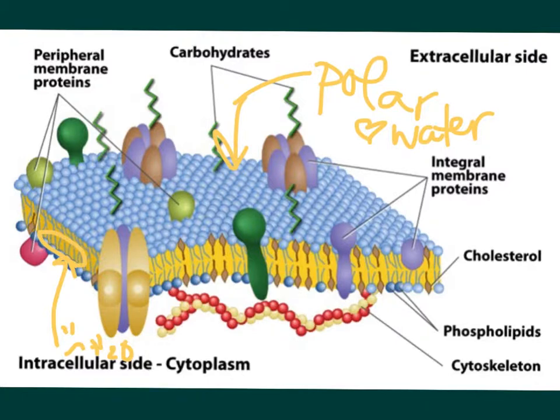Carbohydrates attached to the surface of the cell are a way of saying, hello, my name is. They identify the kind of cell to other cells they encounter. So it's an ID tag of sorts. That's what carbohydrates are there for. They're very important for intercellular communication. That's your membrane.